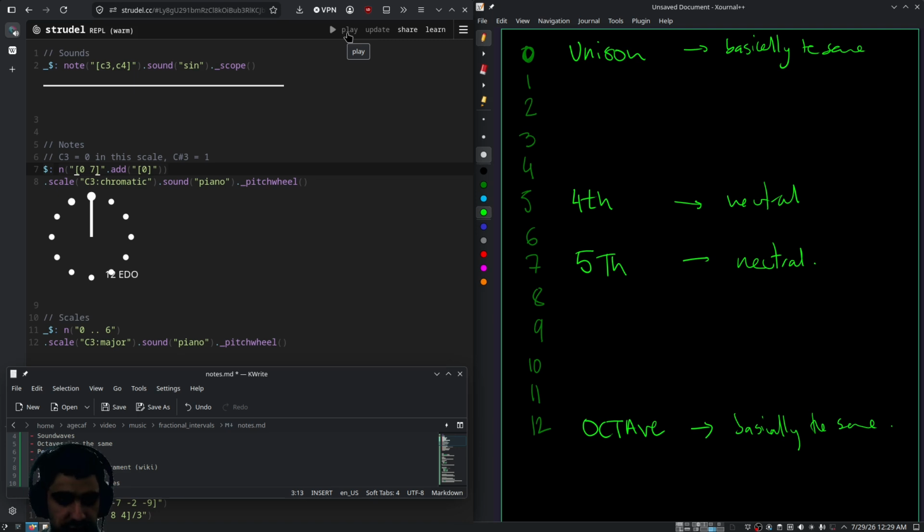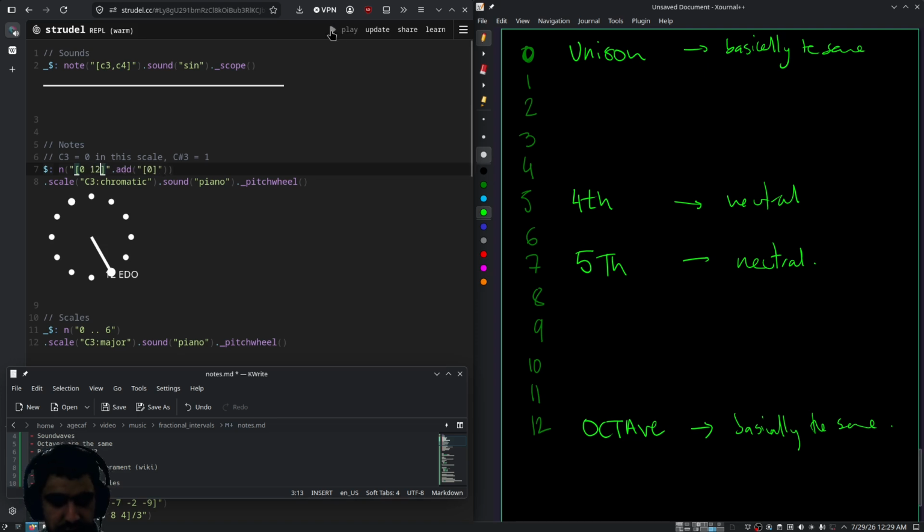We don't associate it with happiness or sadness as we will do with other sounds. And the similar is the fourth. Okay, so that's what the fifth sounds like, that's what the fourth sounds like. We didn't do the unison, that's like bong, bong, bong, bong.